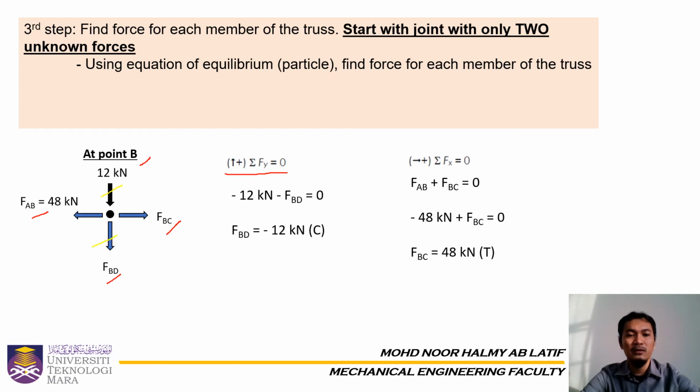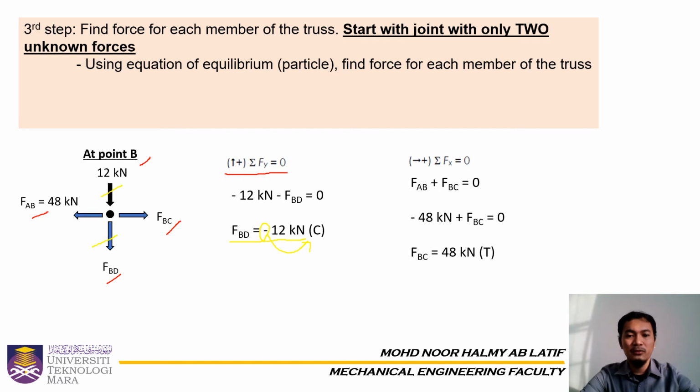By solving that, we get FBD equal to negative 12 kilonewton. The negative sign shows that the force in the member is compression.